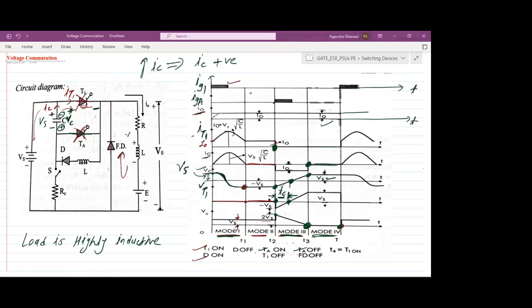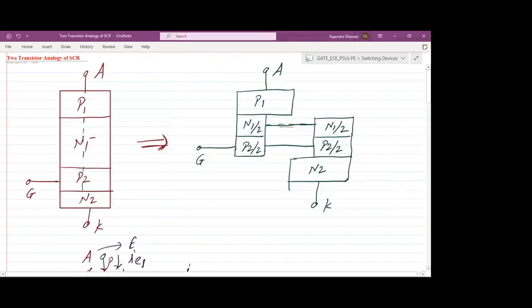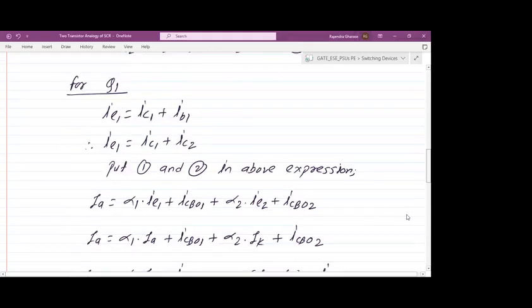Hello, good evening, sir. In the two transistor analogy of SCR, after the current equation, you have written Ig equal to 0.